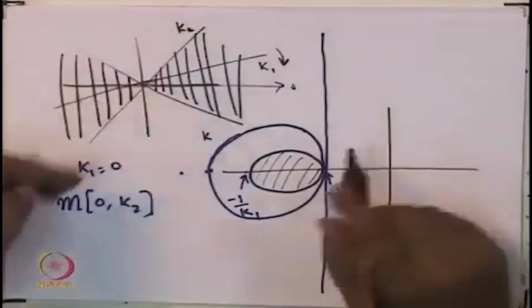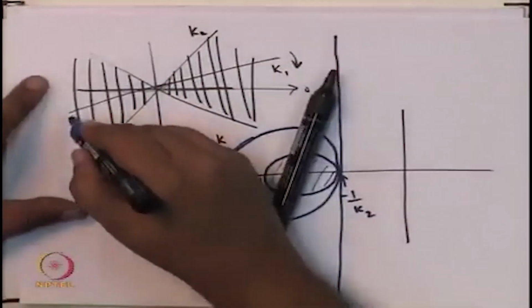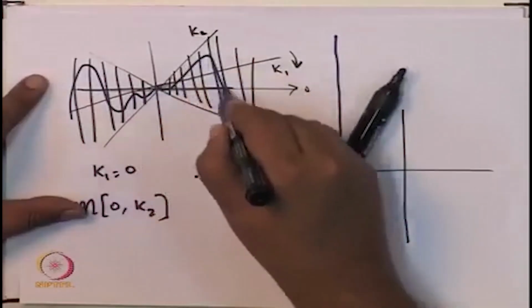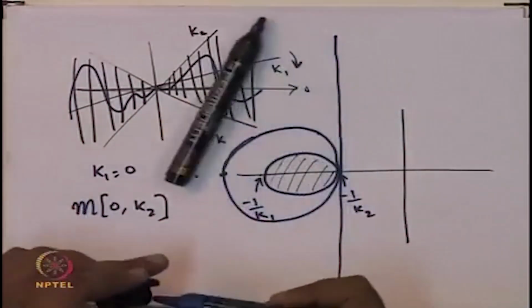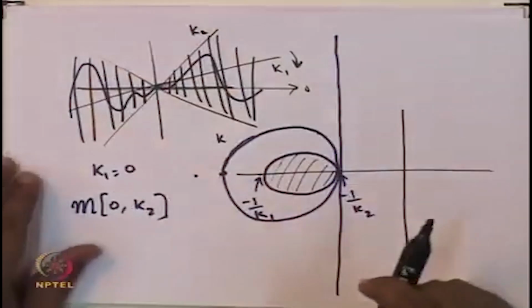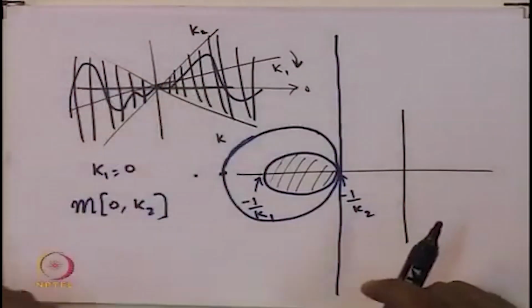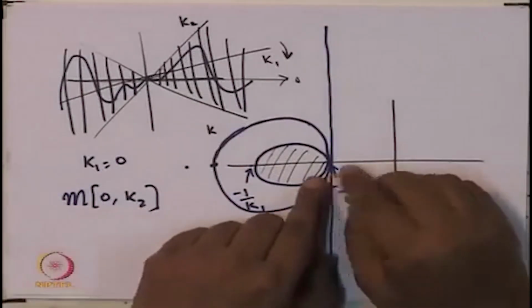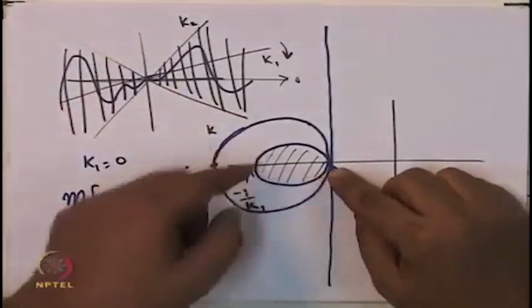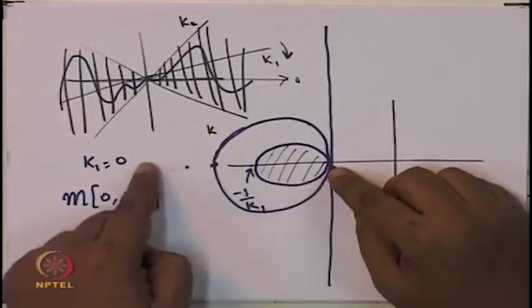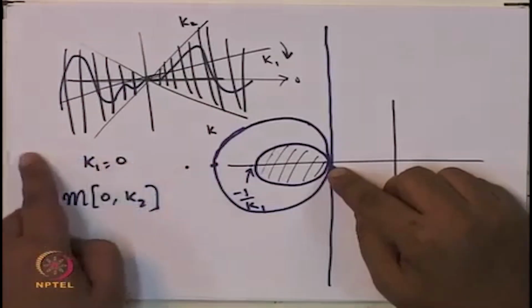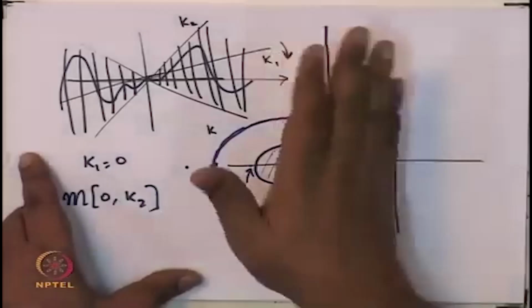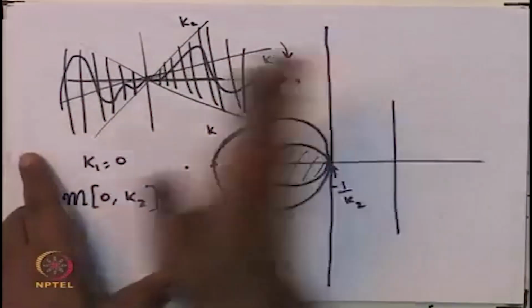So, you could think of a nonlinearity like this. Now, what would happen in this particular case? If you go back here, you are keeping K2 constant and K1 you are extending, and it keeps going until it reaches infinity, and so therefore, you have this whole region as the forbidden region.